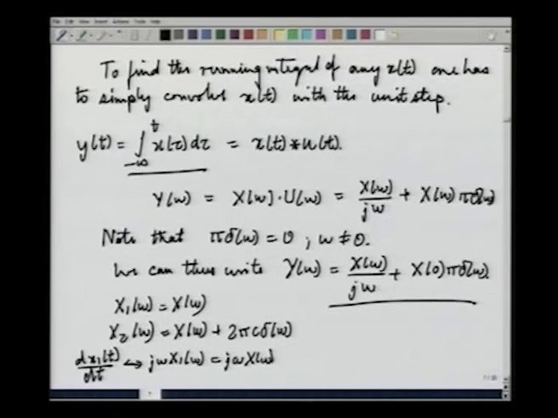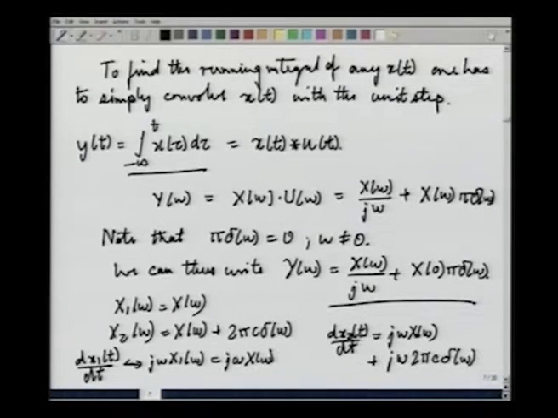For the second case, I will get dx2 t by dt equals j omega x omega plus there is a second term, j omega 2 pi c delta omega.